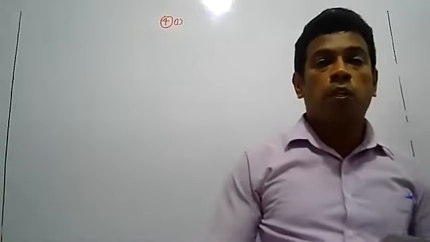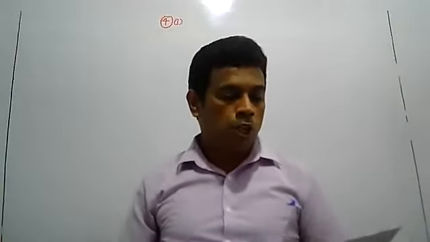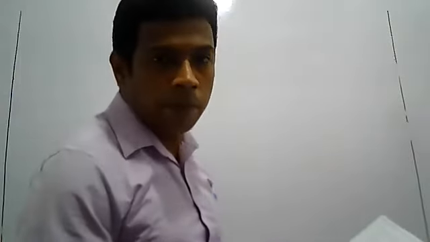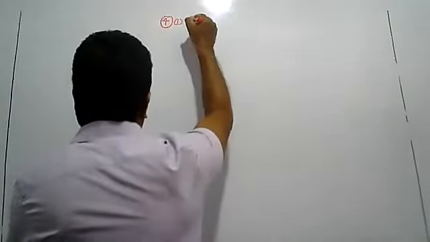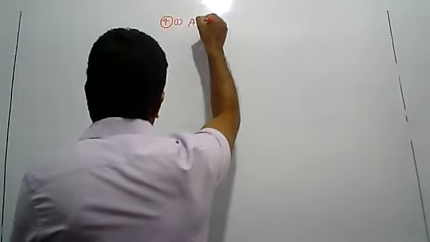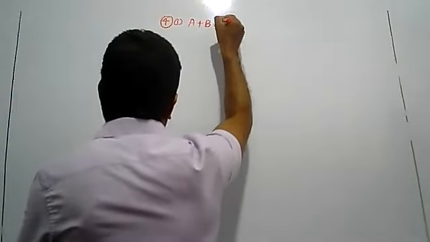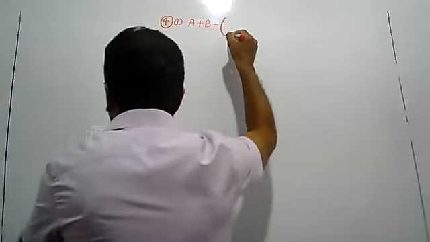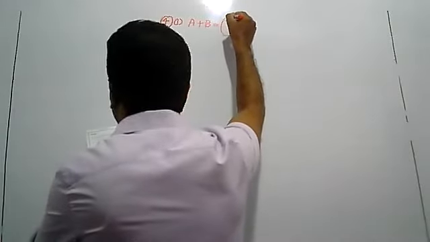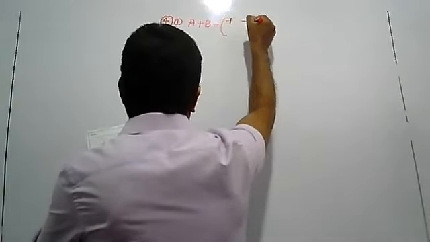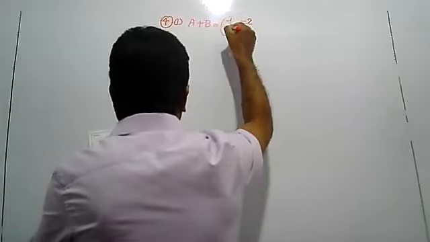I have defined two matrices A and B. First you want to write A plus B. If you write the answer at once, it's okay, but I will write the steps.